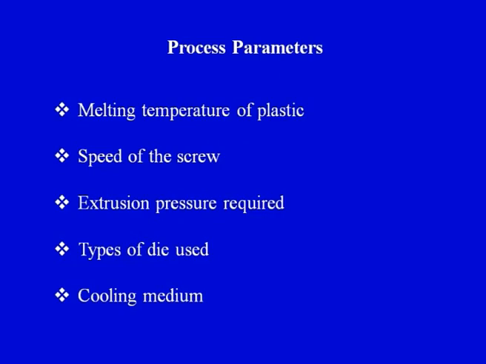Like on your screen, you can see the process parameters. What are the important process parameters that have to be taken into account specifically in case of extrusion of plastics? Melting temperature of the plastic. Why? Because we have to design the heating elements around the barrel in such a way that we are able to generate the specific temperature required to melt a particular plastic material.